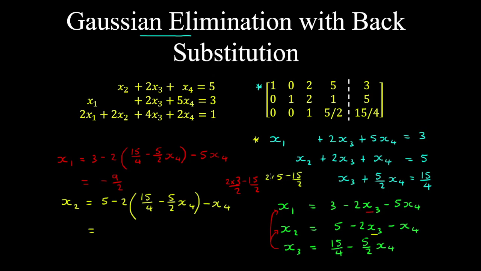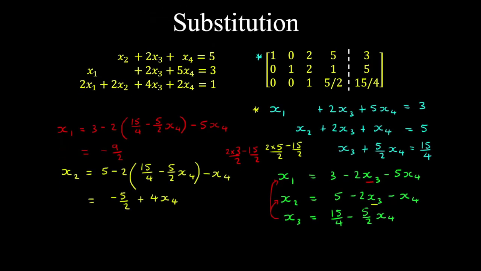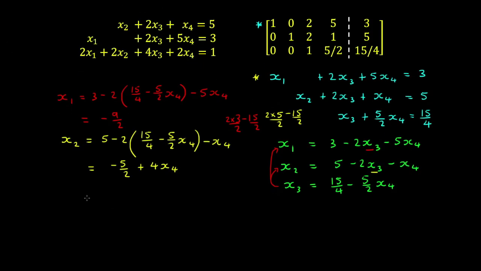So that will be 2 by 5/2, which is 10 minus 15/2, or minus 5/2. And then we have 5x4 minus x4 is 4x4. And this is our final step, because we can't really substitute x2 in x1. So now we'll write down our solution so far.